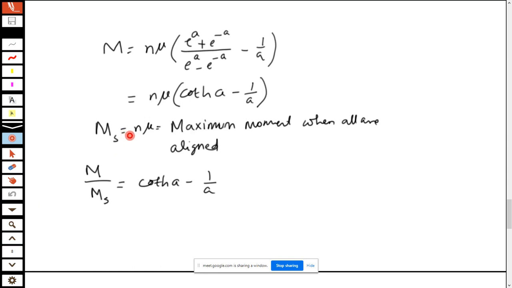Ms is basically your maximum magnetization, the maximum moment when all the magnetic moments are aligned, the saturation moment, let's say. It will be Ms, which is n into mu. Here we are talking about the magnetization fraction with respect to the saturation magnetization.